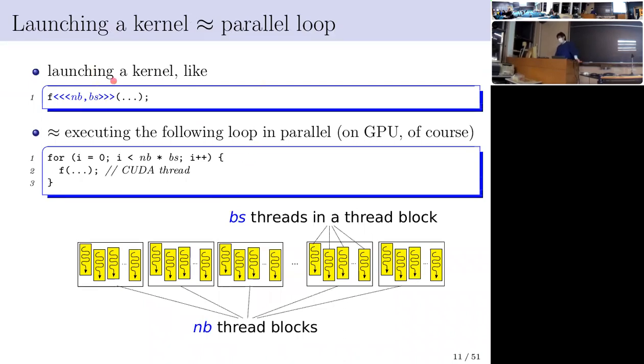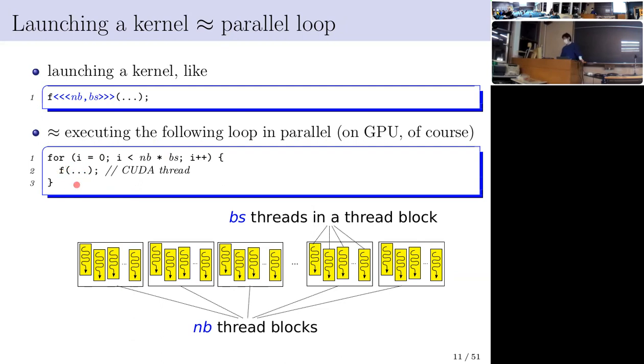So launching a kernel like f<<<NB, BS>>>, in terms of the semantics, looks like executing the following loop in parallel. You have a for loop executing NB multiplied by BS times, each iteration of which is doing this f.